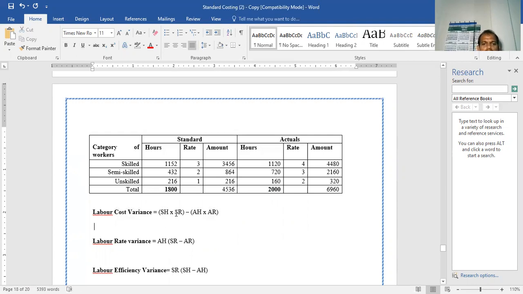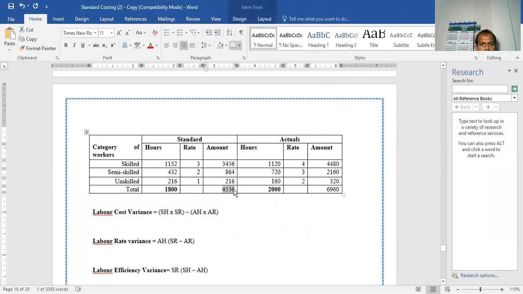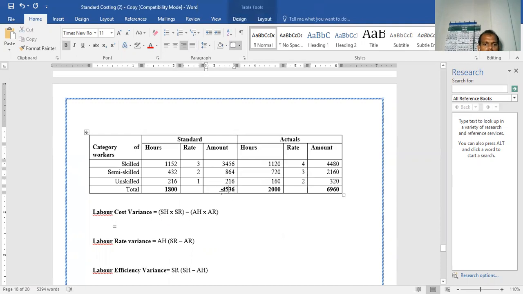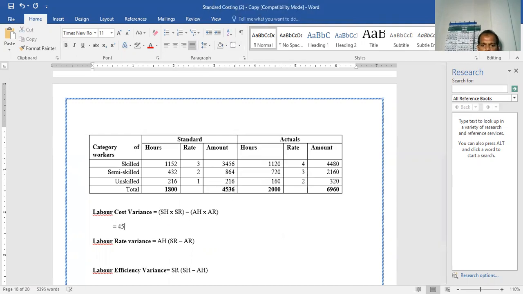Standard labor cost is standard hours into standard rate: 4536 minus 6960.